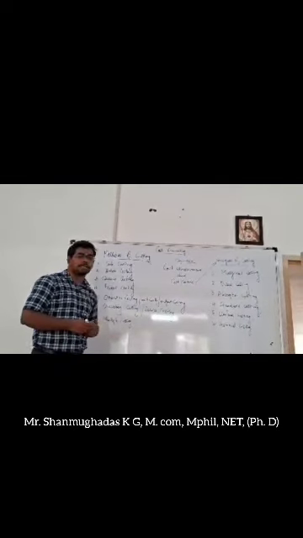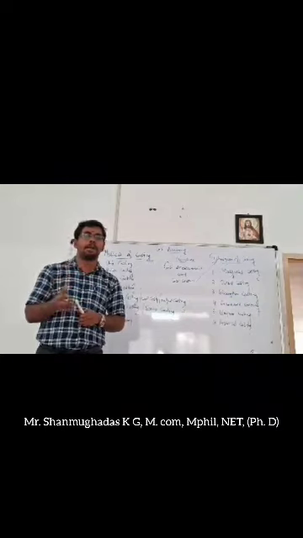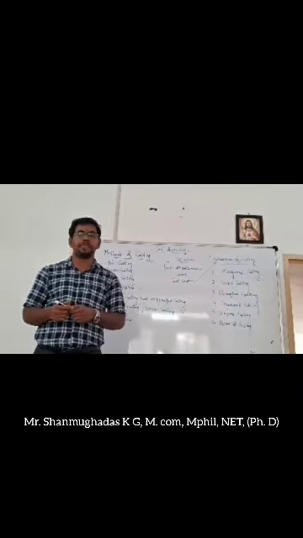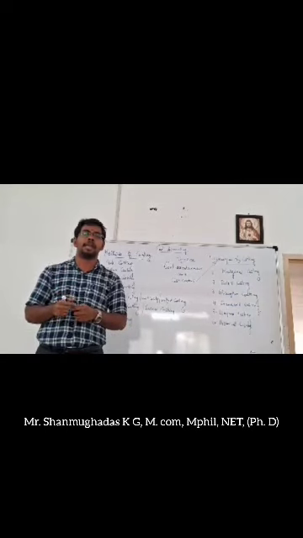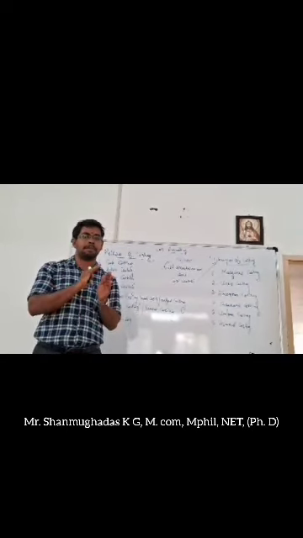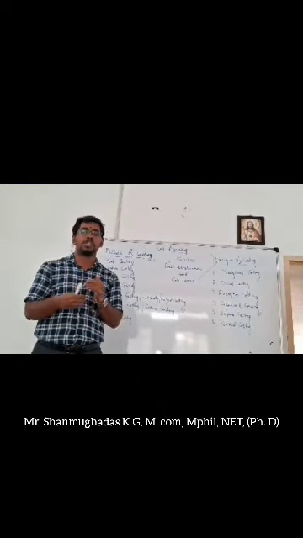The first one is job costing. Job costing is a method of costing which comes under specific order costing. Under job costing, each job is treated as a cost center. That means each job is separately accounted for and cost is calculated job wise.